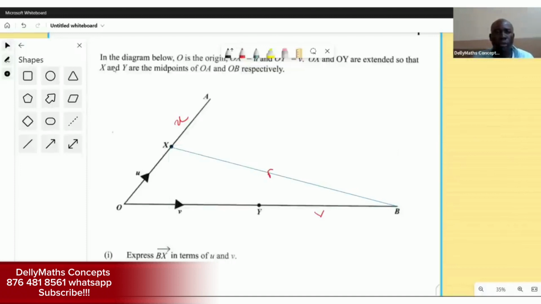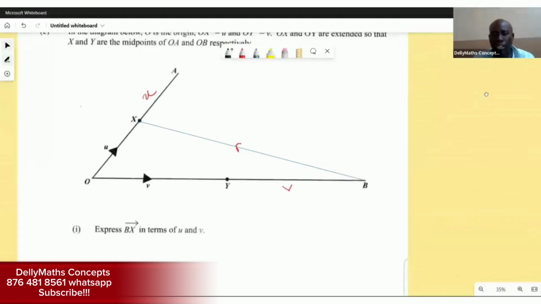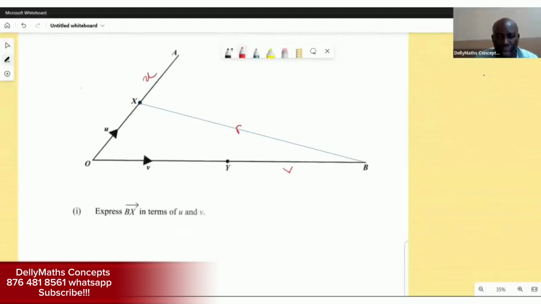Guys, if I want to go from B to X, and I'm on my position vector system here, I am going to be moving from B to O, and then I move from O to X. B to O, I'm going the opposite direction of the arrow that I got, which means it's going to be negative 2v, and then O to X is simply plus u.